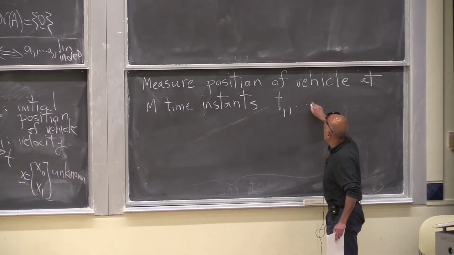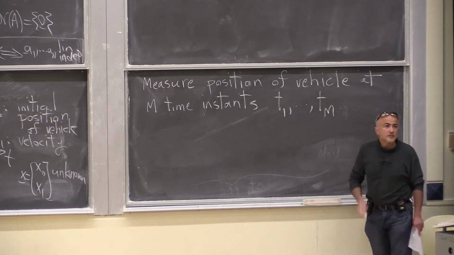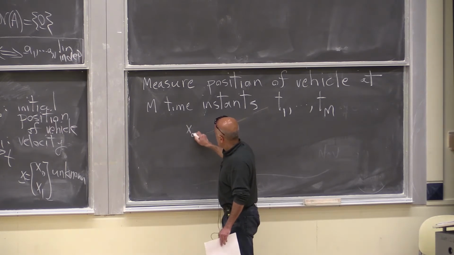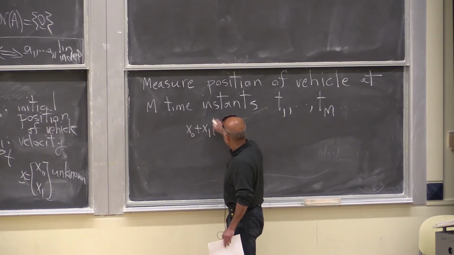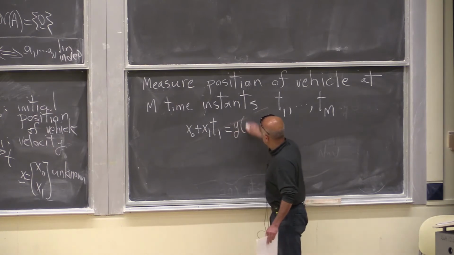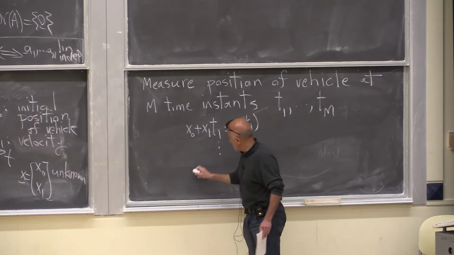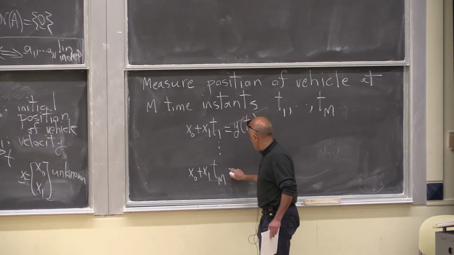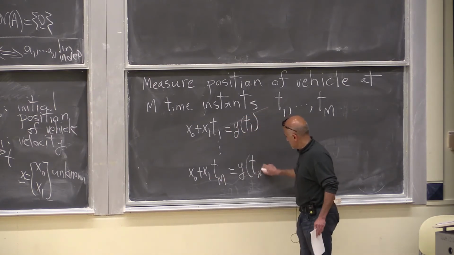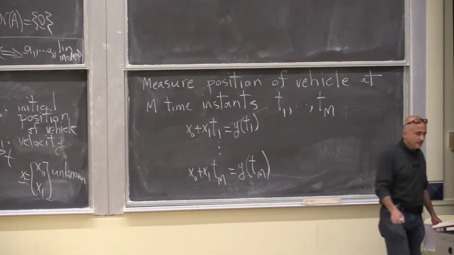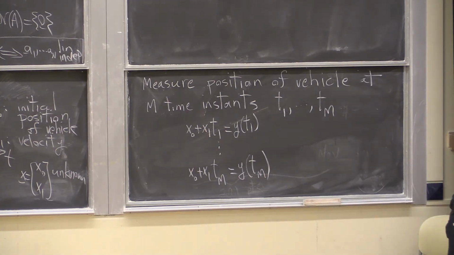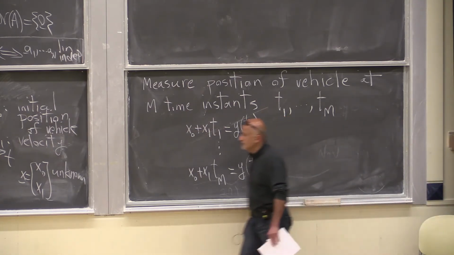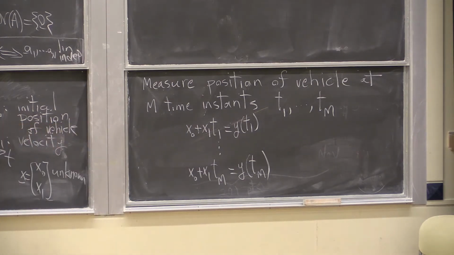Let's call them T1 through Tm. So what you have is a set of measurements like these. Okay? The problem is your measurements are faulty. So there's some error in your measurements.